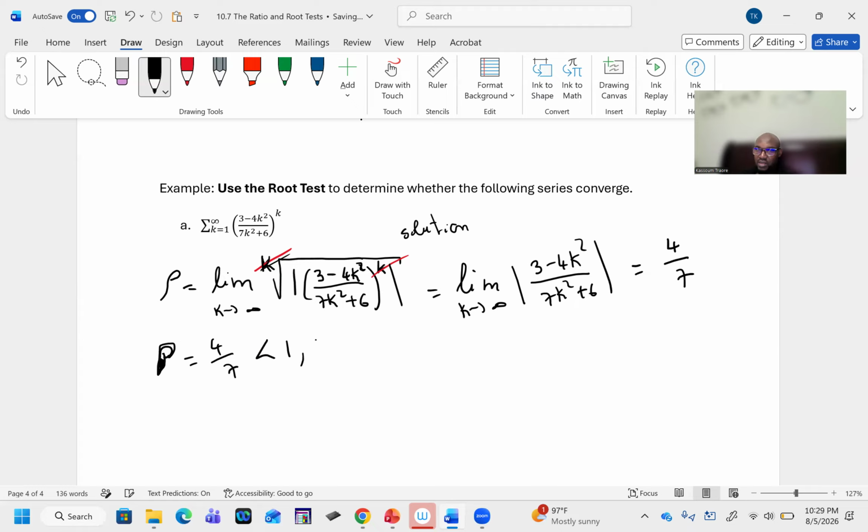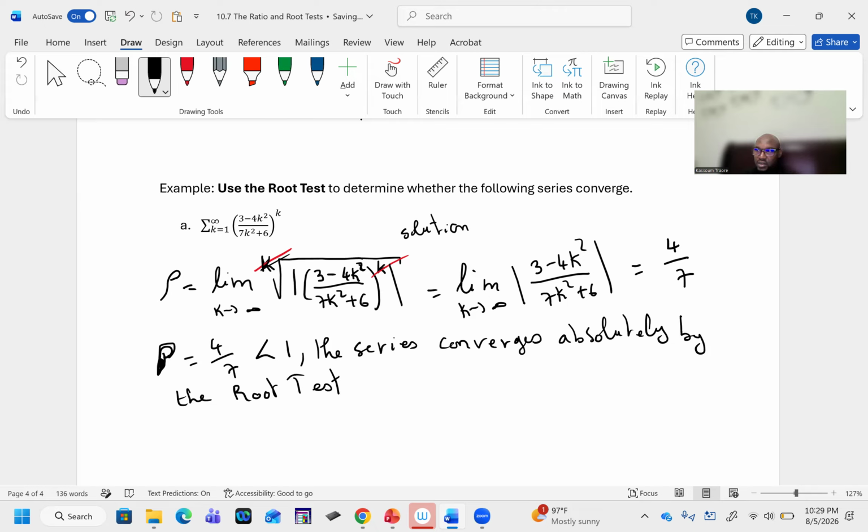Then we say the series converges absolutely by the root test.